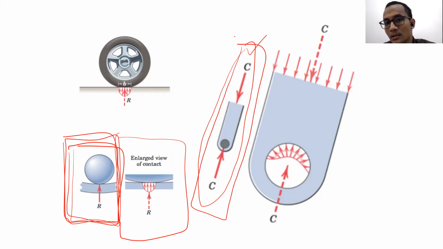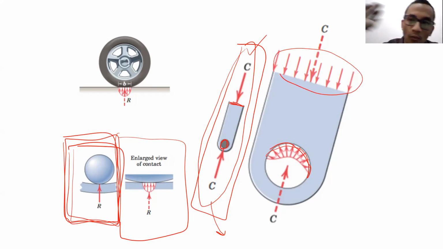When we talk about a two force member, either under compression or under tension, we always assume that the force is happening at one point, but in reality, it's happening at a certain area like this.